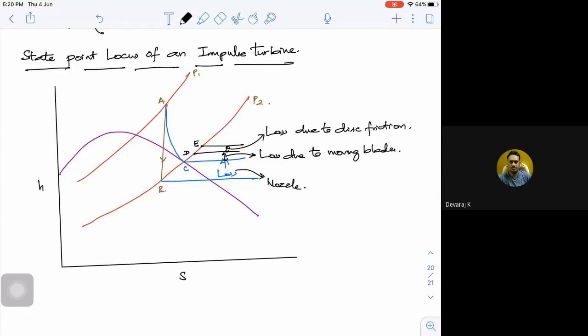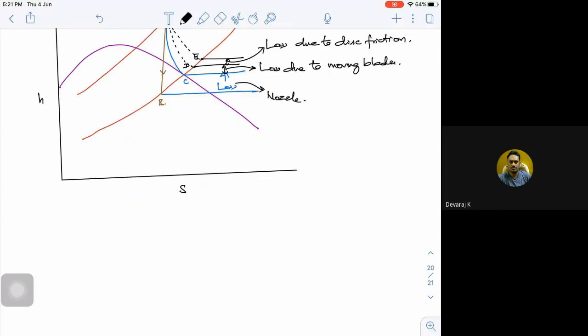This is from A to E. So this will be my actual expansion. If the disk losses are not there, then it will be A to D. A to C is the expansion considering only the losses in the nozzle itself. If I consider the losses in the blade and other types of losses, this point E is called the state point locus.